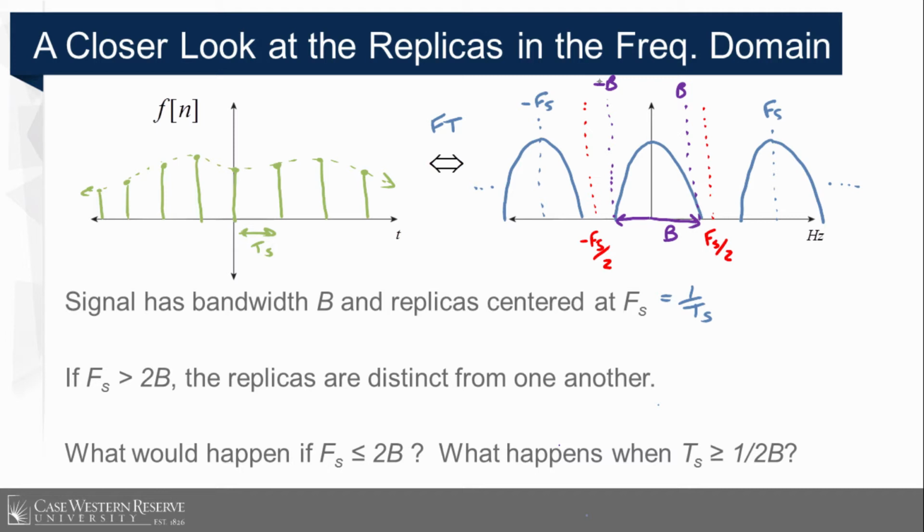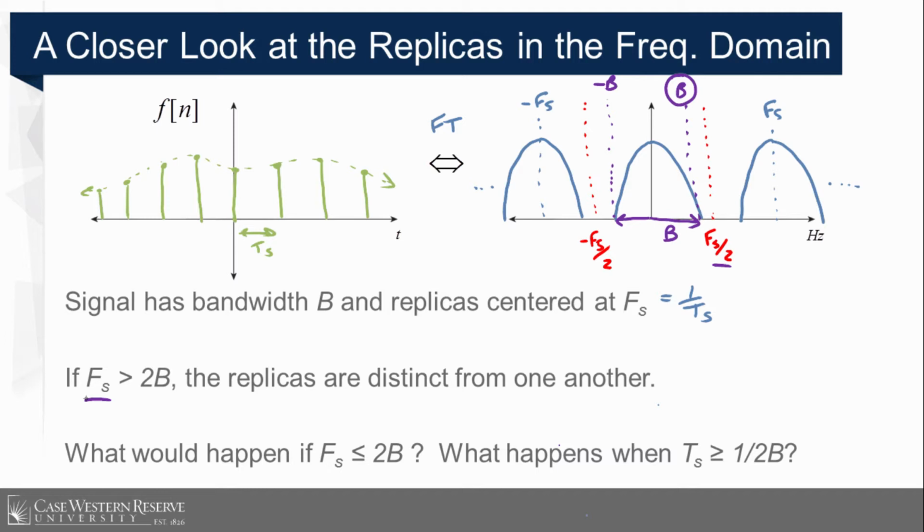Okay, so in this case, we see that b here is smaller than Fs over 2. And so we can generalize this and say that as long as Fs is greater than 2 times b, these replicas that we see in the frequency domain are going to be distinct from one another. There won't be any overlaps in these replicas.